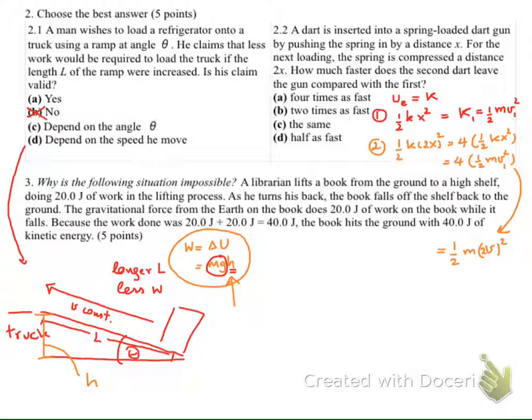So it means that the velocity is 2 times as fast as in the first round. So we have to choose B. Okay.